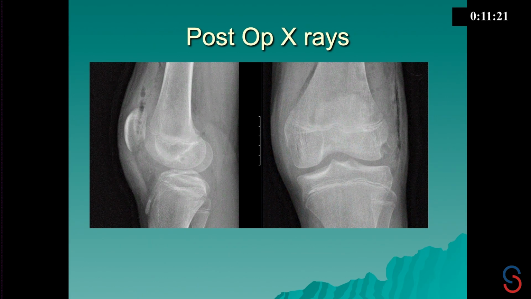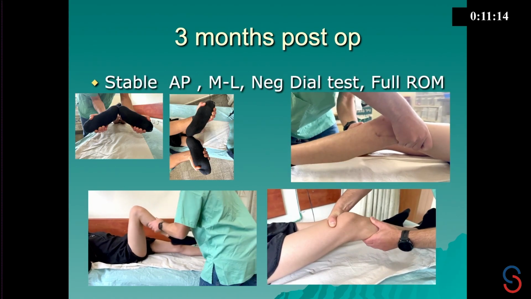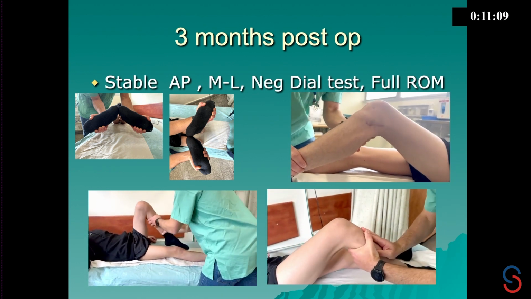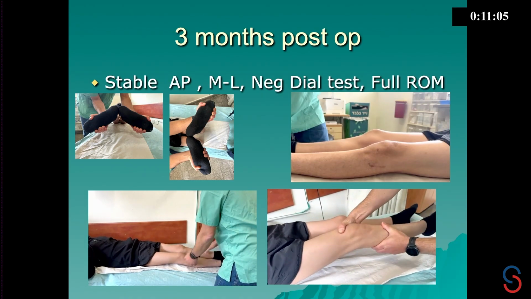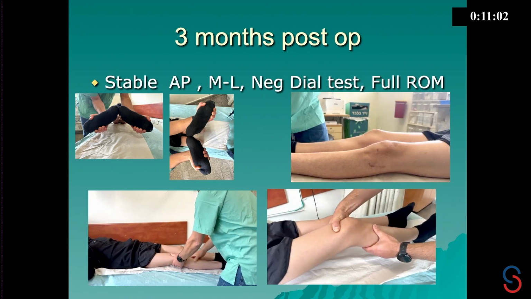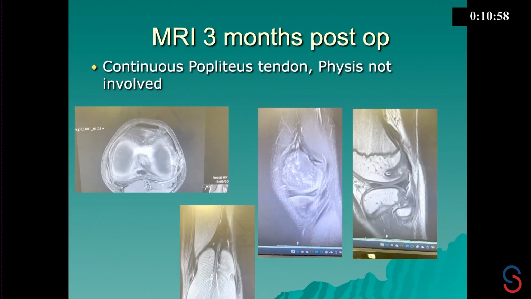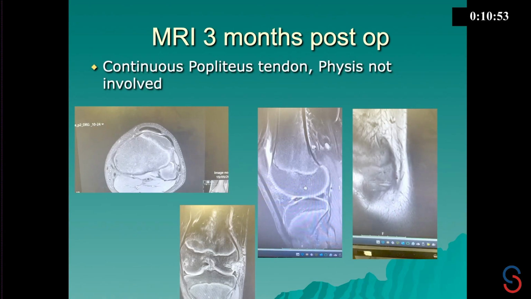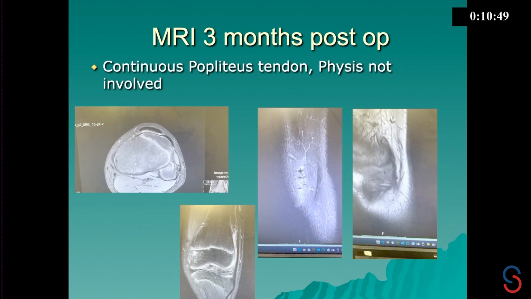Post-op X-rays did not show any problem, and after 3 months, the patient had good stability, AP and medial-lateral, a negative dial test, and full range of motion. This is the MRI post-operatively, 3 months afterwards. Continuous popliteus tendon, the physis was not involved.